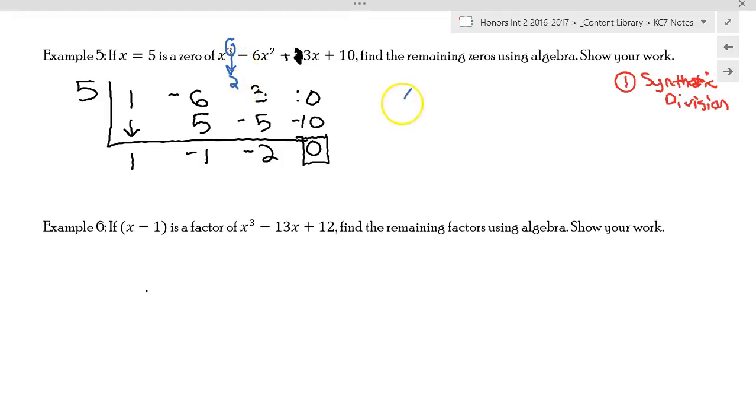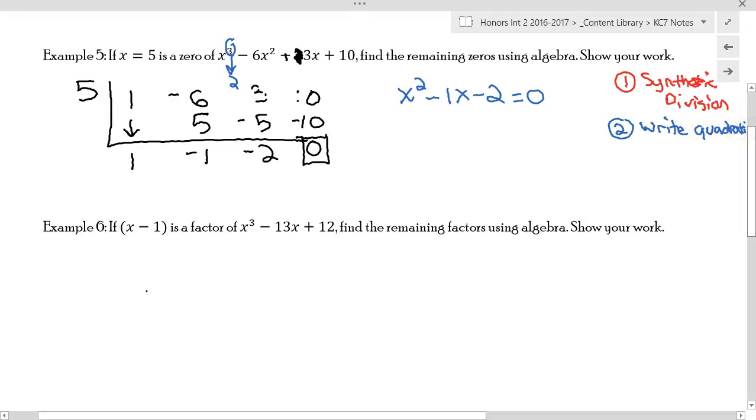So I'm going to start with 1x squared minus 1x minus 2. Okay? And what we're going to do is set this quadratic equal to 0. So that's my second step.